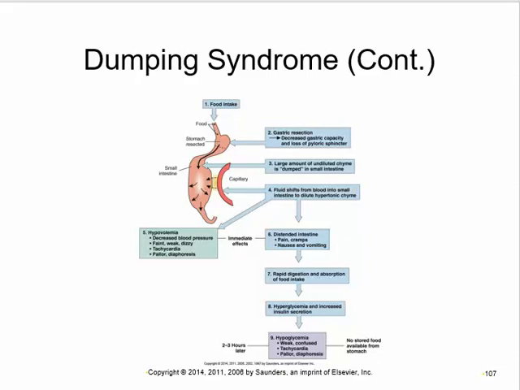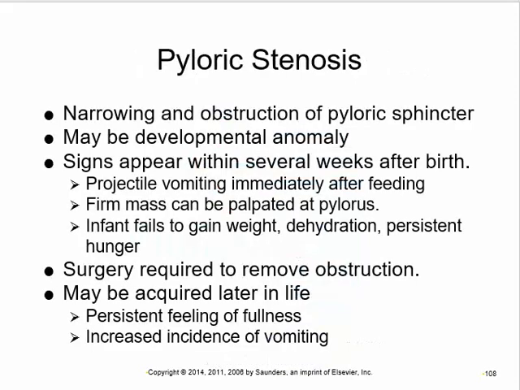A little chart of this. Pyloric stenosis is something that is going to cause the pyloric sphincter not to open, to be obstructed. Could be a tumor, could be anything like that. Oftentimes it's a developmental anomaly, and if it's congenital like that, then the baby can't seem to keep anything down, so there's projectile vomiting right away.